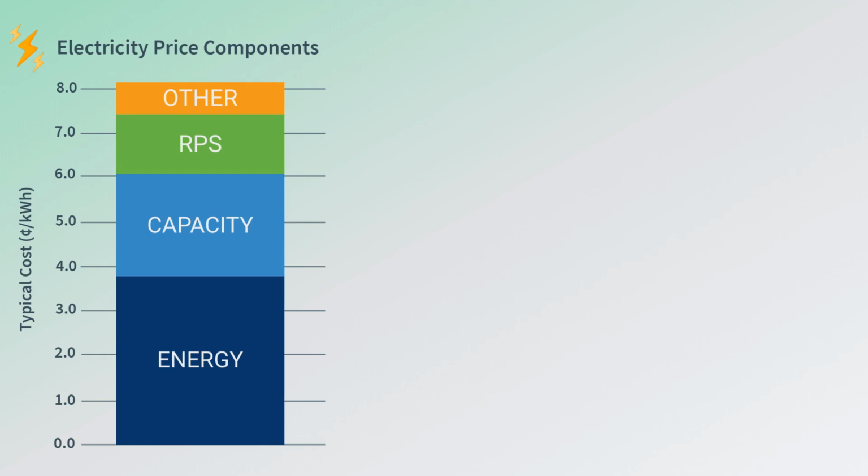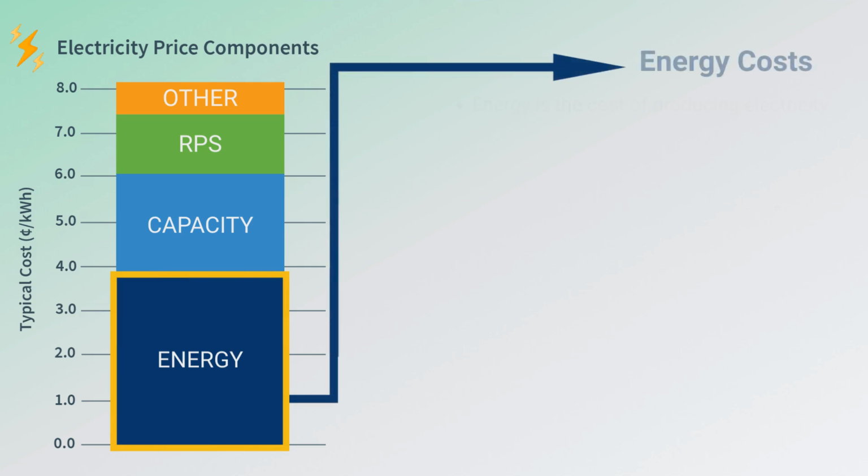The fourth and last component is what most people think the price is, the energy component, the cost of producing the electricity. Now, as you can see, this cost component is about half the price, a little more, a little less, depending on the region that you live in and what is going on with the market.